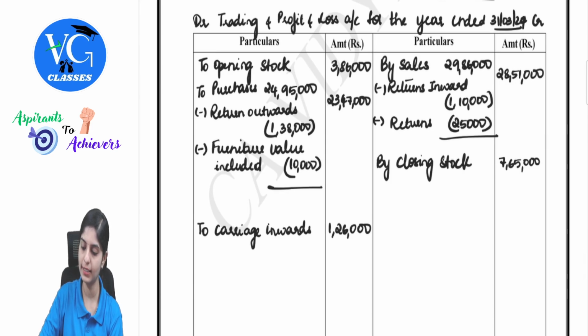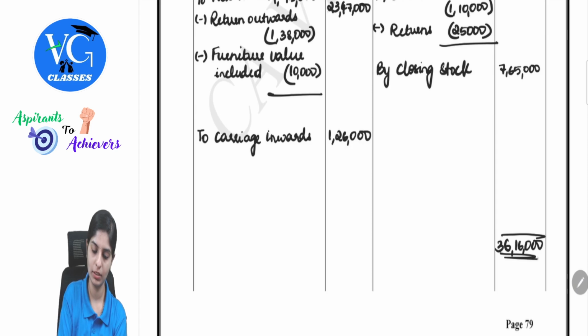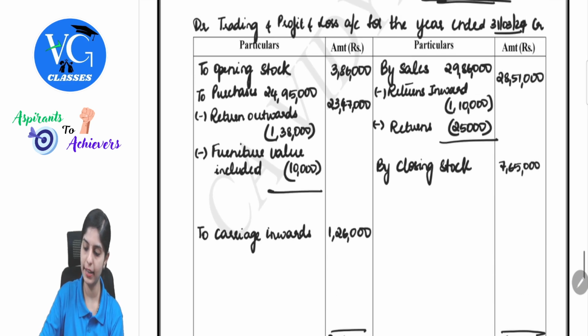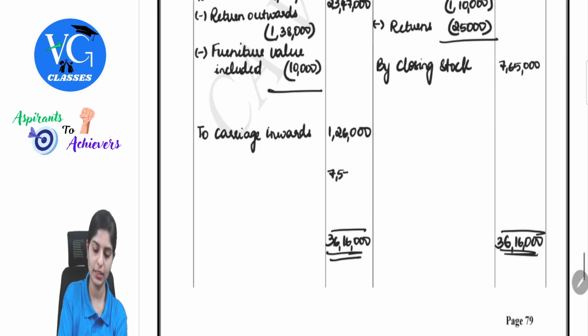28,51,000 plus 7,65 is 36,16,000, minus 3,86,000 minus 23,47,000 minus 1,26,000. 7,57 is my gross profit.